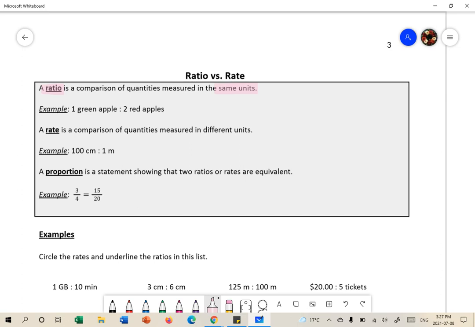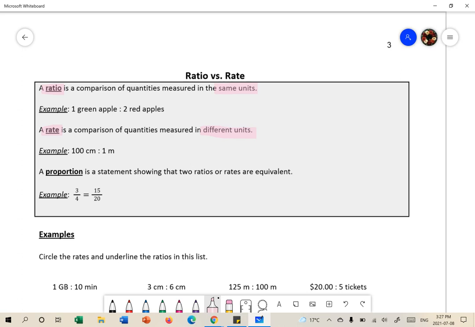They're all apples. It's all the same units. Whereas a rate, which we just did above, is a comparison of quantities measured in different units. For example, centimeters and meters are not the same units. Dollars per hour is not the same units.